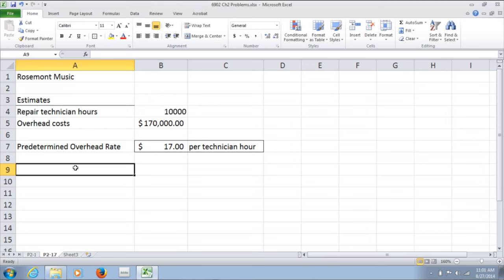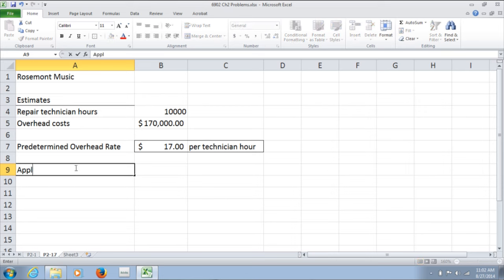What needs to end up on the books, though, are what actual overhead costs are. So how close was this estimate, and proceeding with this estimate, to actual overhead costs?